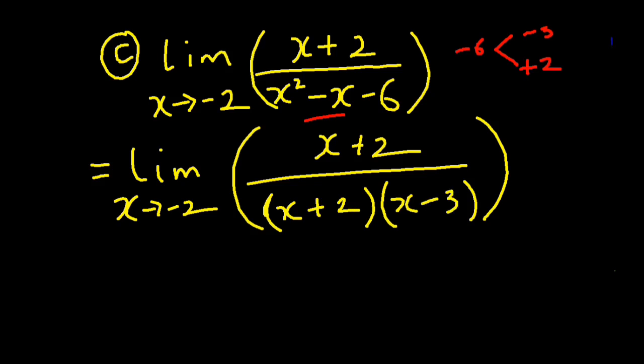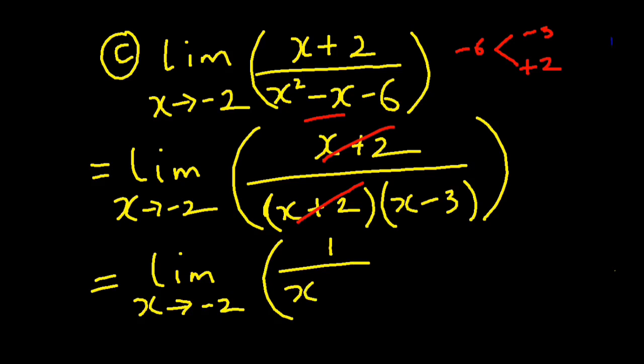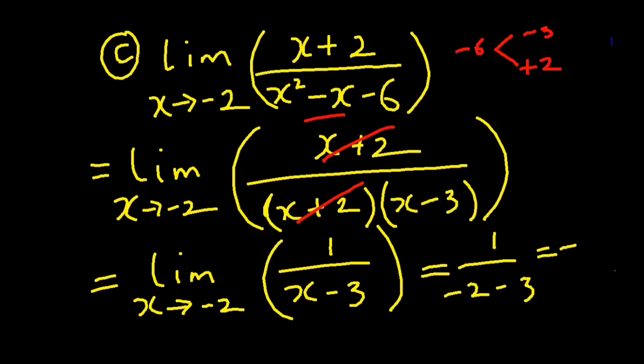So x plus 2, we cancel x plus 2. And this will equal the limit when x tends to minus 2 of 1 over x minus 3. Now let's substitute. We have 1 over minus 2 minus 3, which is equal to minus 1 over 5.